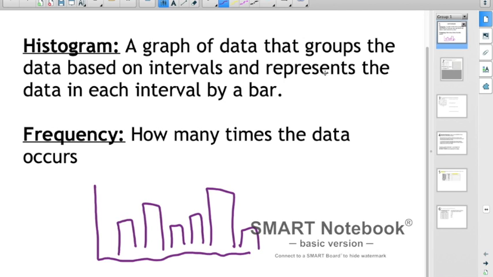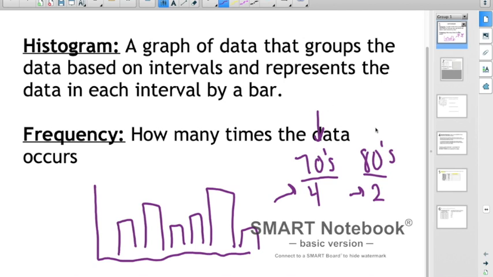If we were looking at test scores and I wanted to graph how many people got in the 70s on a test, well, let's say that we had 4 students in the 70s, and then I want to see how many in the 80s, right? So maybe like 2 in the 80s. Okay, so this represents our frequency. This number here, the 4 and the 2, because it's how many times the data occurs in the intervals. And this 70 and 80, those are going to be your intervals.